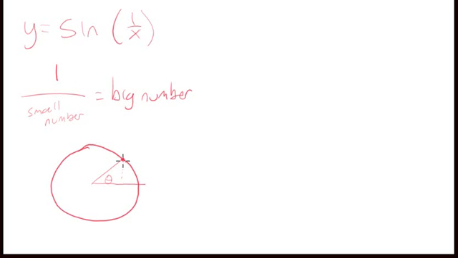Right, this is the cosine, this is the sine, this is like maybe 45 degrees, so the sine of this theta would be the square root of 2 over 2, just a guess. And I could take this theta, and it's going to be something, and this theta, it's going to be something, and something, and something. All of these thetas, I can find a sine associated with all of them.